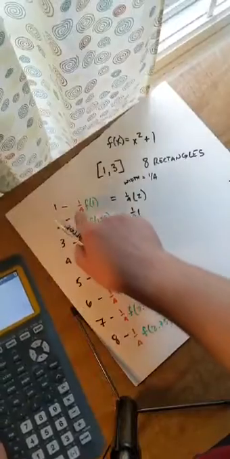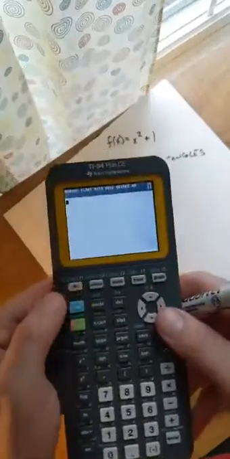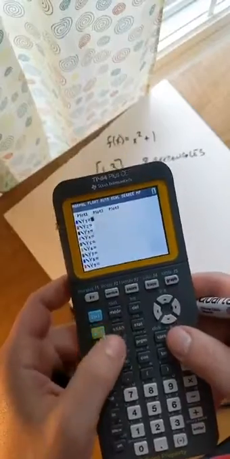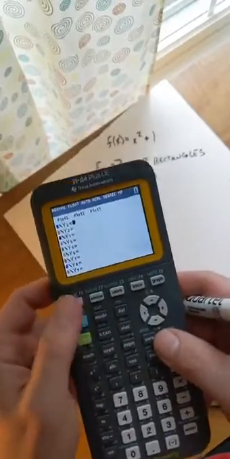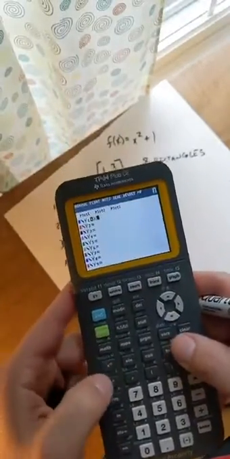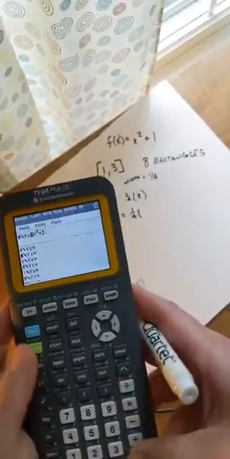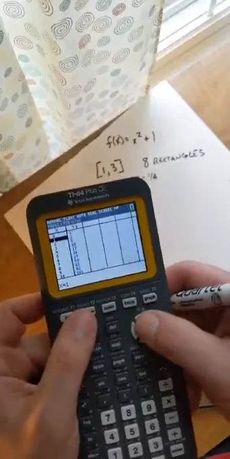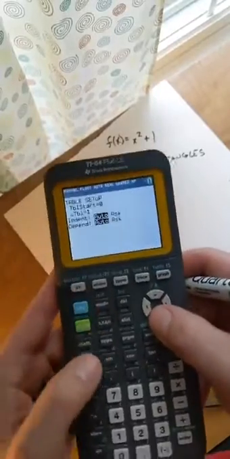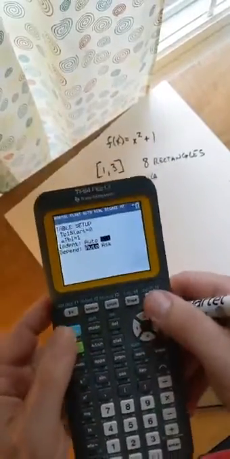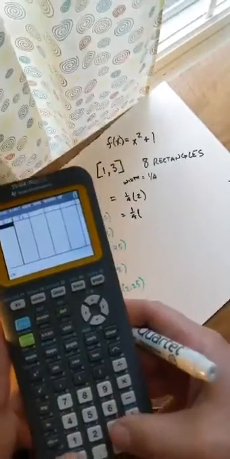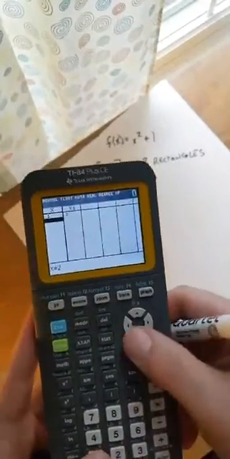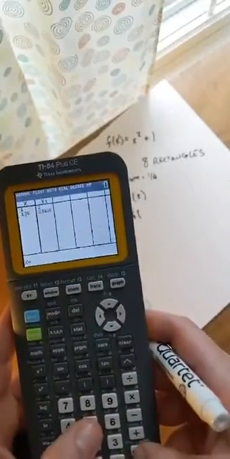Since we know everything is going to be 1/4 of this function, I'm just going to type the function in: X squared plus 1. And then I'm going to go to my table, and my table is not set up as that, so I got to do second table set. Make sure my independent is on ask. And then start typing the numbers in. So if I typed in 1, it told me it was 2. I'll type in 1.25 next.